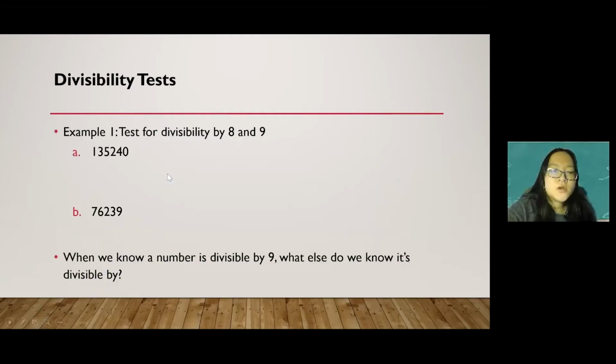So we have some examples to do. Example 1, test for divisibility by 8 and 9. We have 2 numbers. Let's look at that first. Who wants to try for the first number, A?